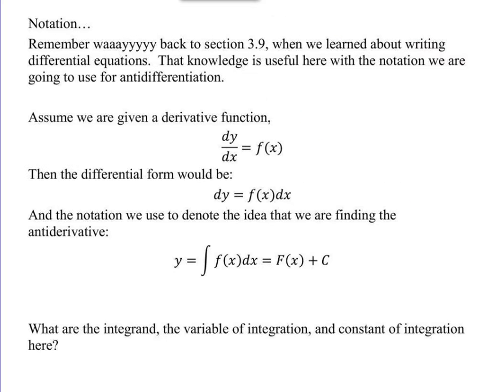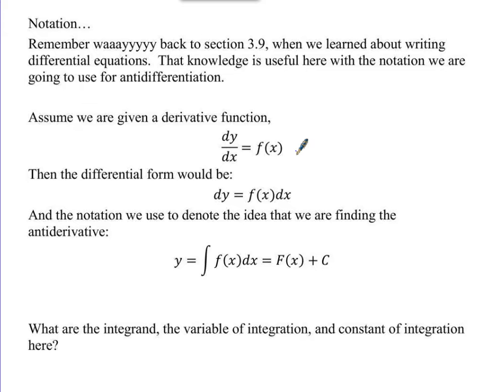All right, some notation. You got to remember way back to the last section we did, 3.9, when we learned about writing differential equations. I said it would come into play in the future, and here's why. The knowledge here is useful for the notation that we're going to be using for antidifferentiation. Assuming we're given a derivative function, dy over dx equals f of x.